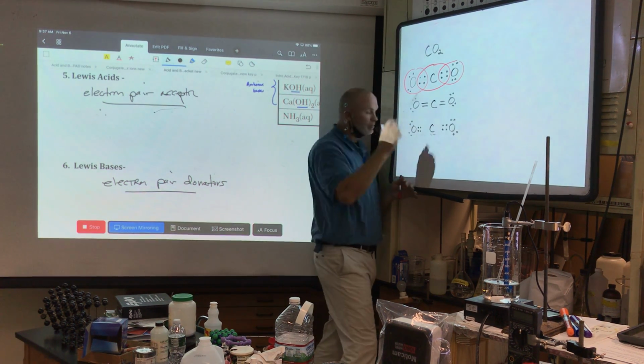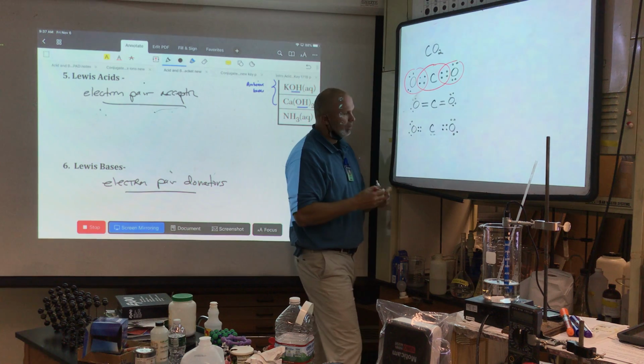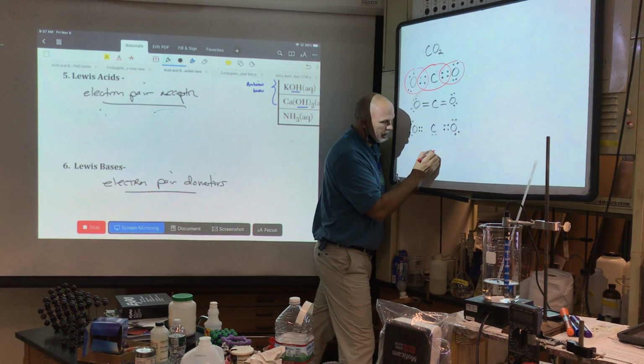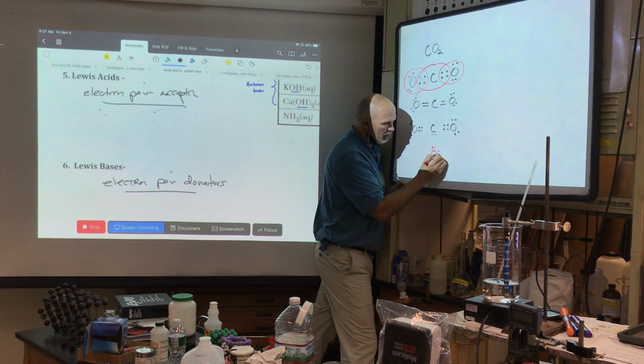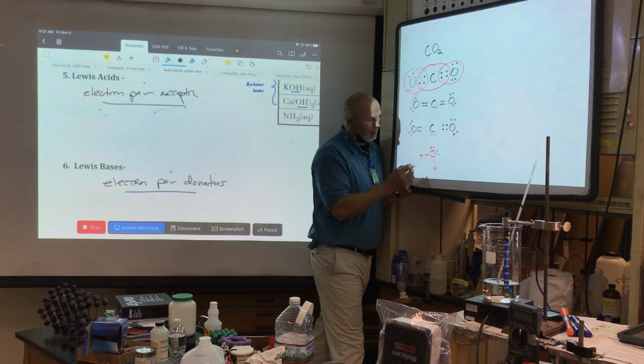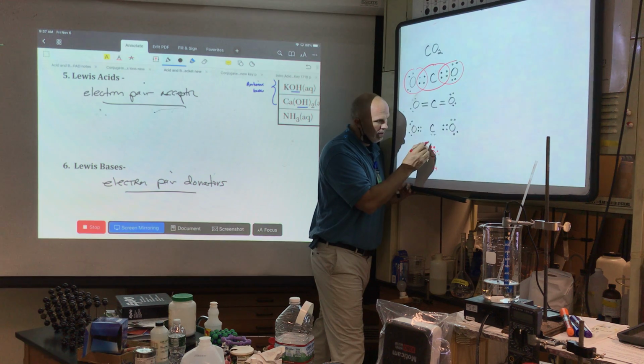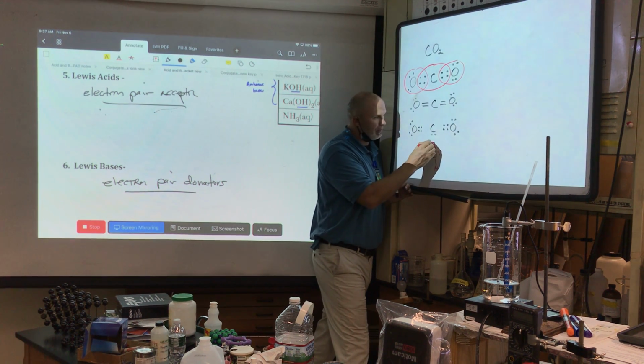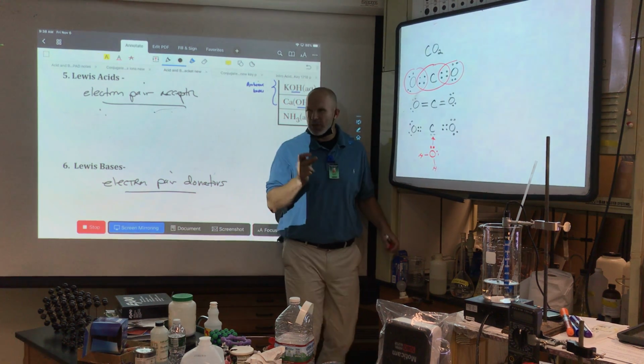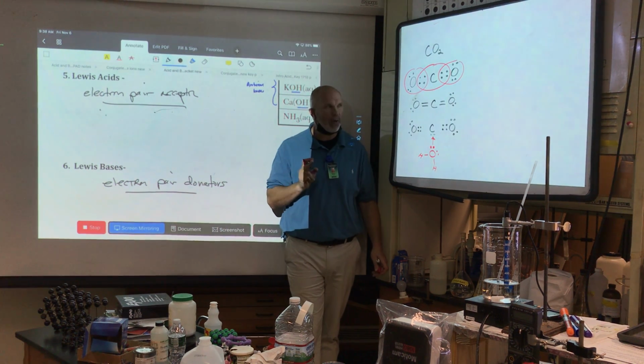In any case, here comes water. Water, we know, has lone pairs, right? 2 lone pairs. And then it bonds with an H. Oh, this electron pair likes that positive. What did this just do? This carbon is going to accept a lone pair.